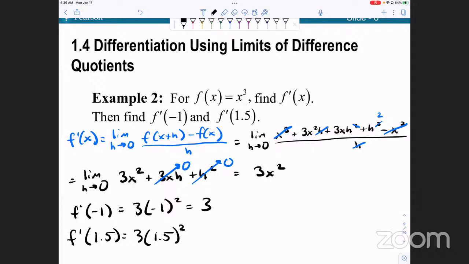I want to say 15 squared is 225, so this should be 2.25. 3 times 2.25 is 6.75.